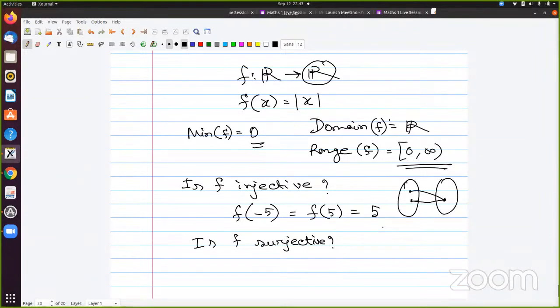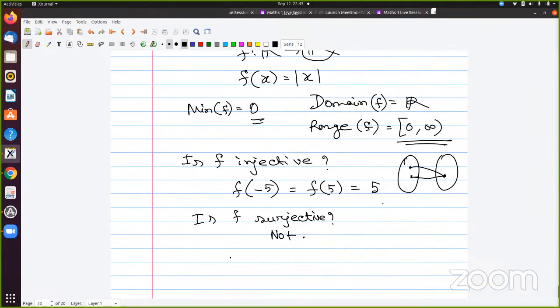No, sir, not surjective. Okay, you want some maximum value. Fine. If you are okay with minimum, then there is nothing special with maximum. If I just invert this, minus x square, what will be the maximum value?